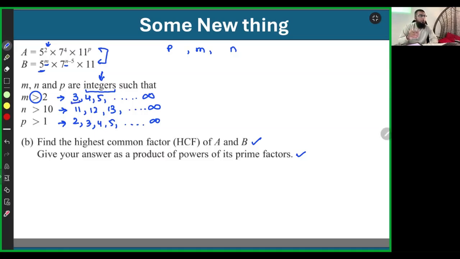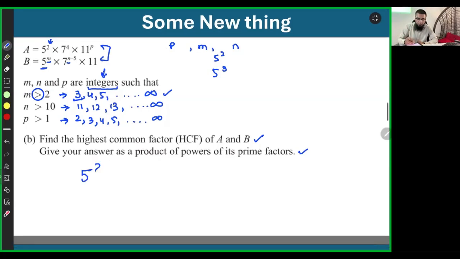The minimum power which I can take for M is 3. After that, we're having all of the powers greater than 3. So if I take the minimum power of M, 3, and the other is 5 squared. So what do you think will be the HCF? The minimum power, and woh kaun si aayegi? 5 raised to the power 2. Got it? Hum HCF direct likh rahe hain.